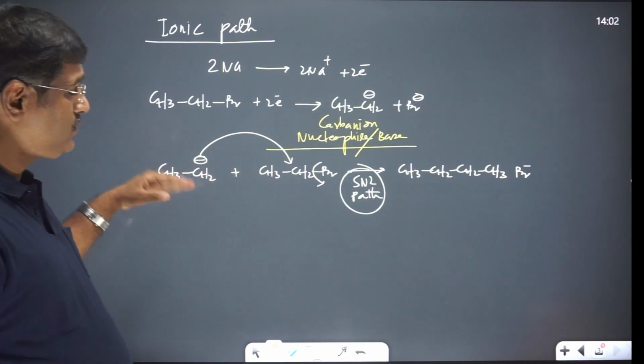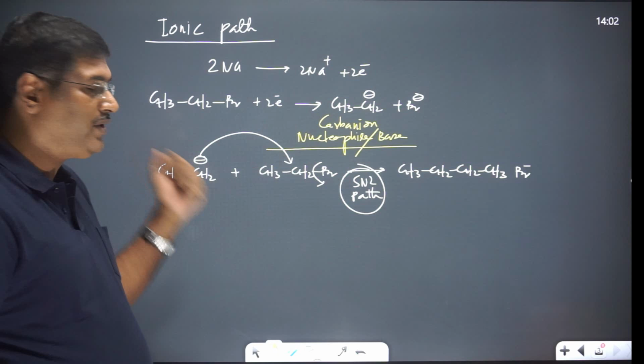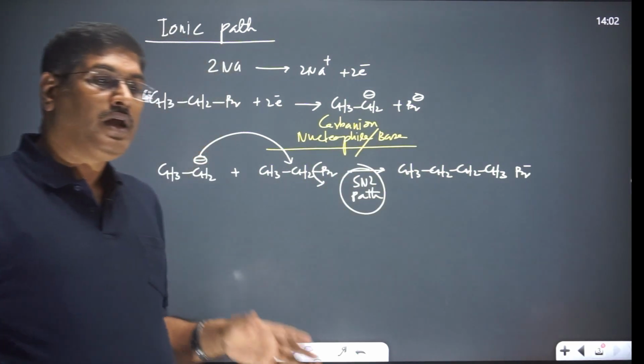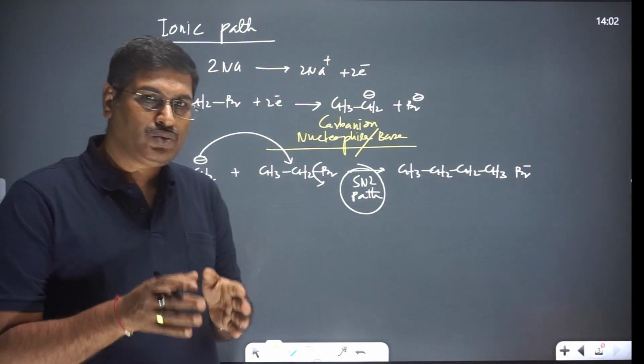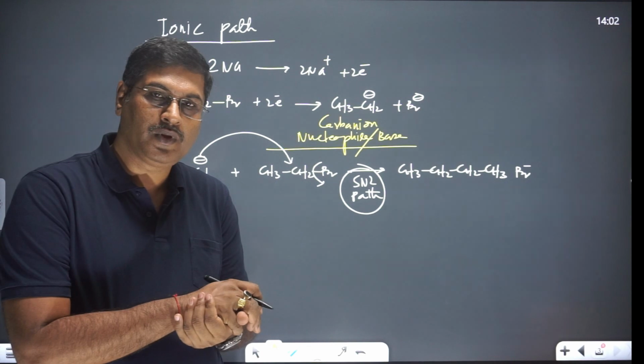Because this one is nucleophilic and primary, SN2 is the main path of the reaction. And as you know, SN2 competes with E2, and E2 competes with SN2.